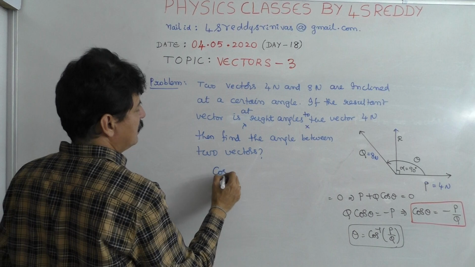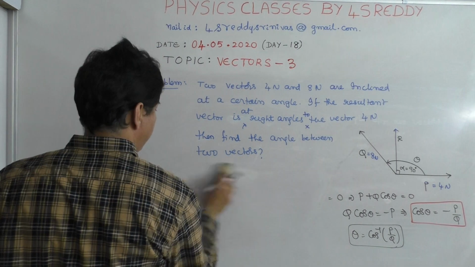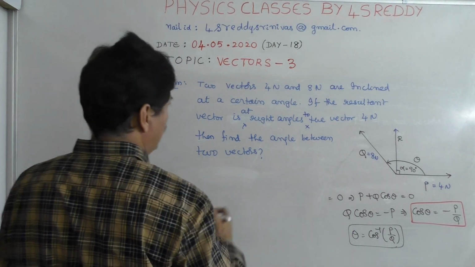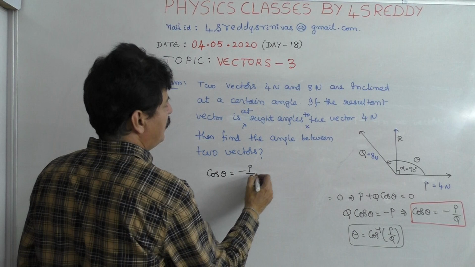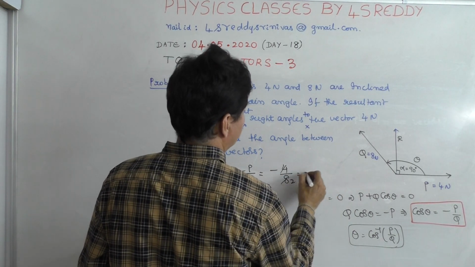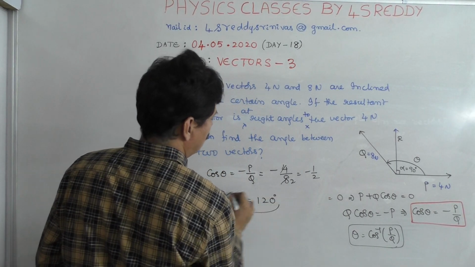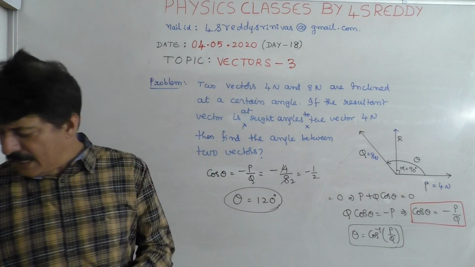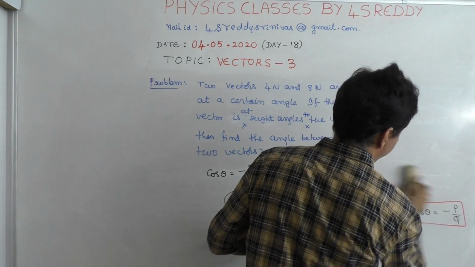Cos theta is equal to minus P by Q. Here, cos theta is minus 4 by 8, which is minus 1 by 2. So theta becomes 120 degrees. In very little time, you may be able to answer this question.